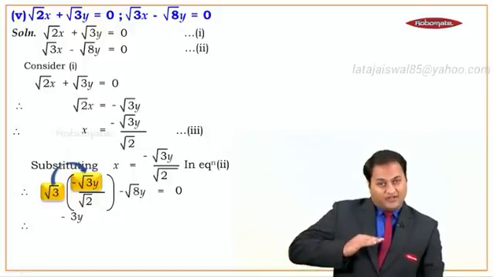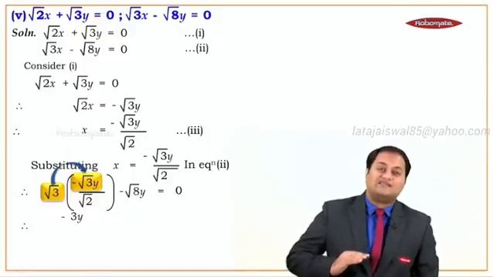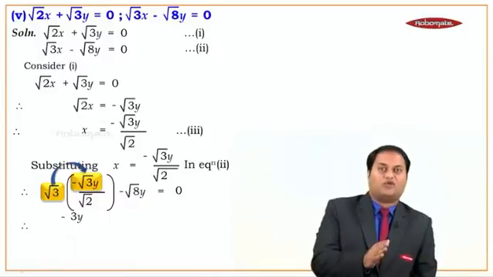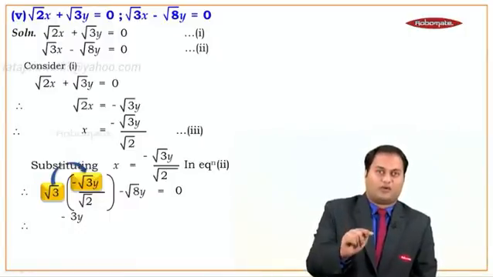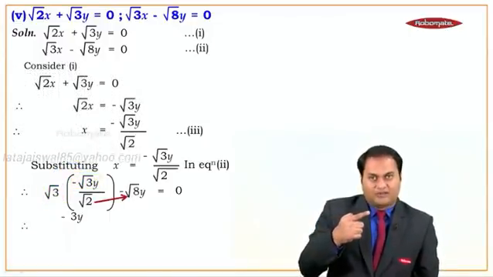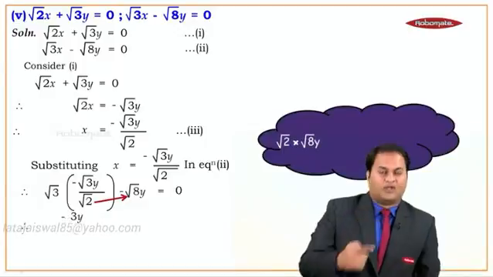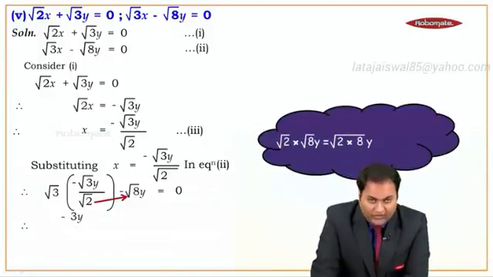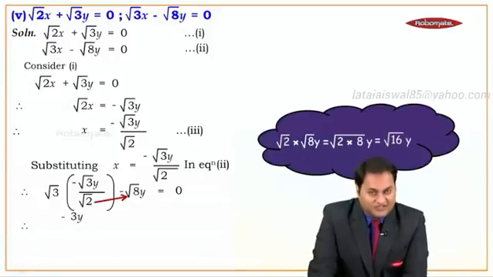Now, what happens to the denominator? We take the LCM. Here you have root 2 in the denominator. There you have 1 in the denominator, root 8y upon 1. Right? So, now let us multiply, LCM concept, root 2 with root 8. Now, root 2 into root 8 is root of 2 into 8. That's root of 16.